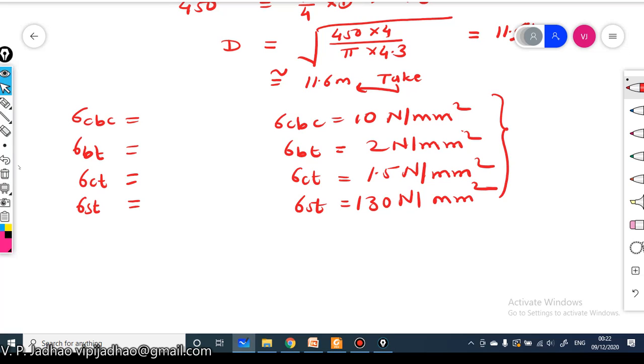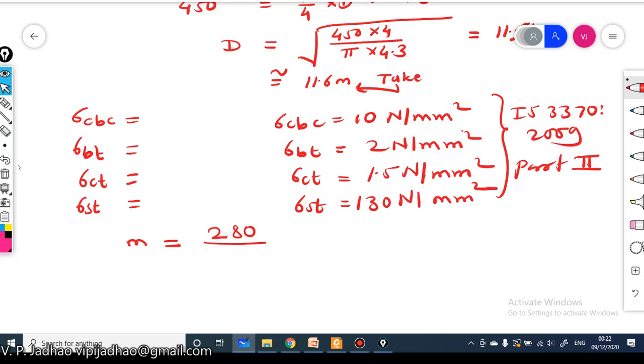Write down here IS 3370 2009 part 2. All these values are obtained from IS 3370 2009 part 2. From these values we can calculate the value of the modular ratio. We know the formula for modular ratio is 280 divided by 3 sigma CBC.